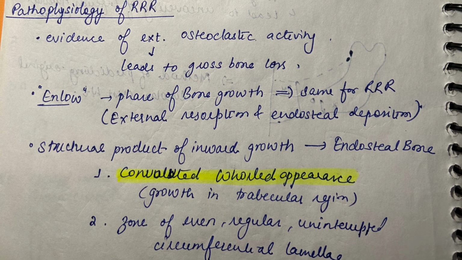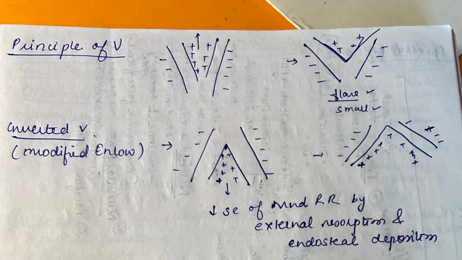This is the pathophysiology of residual ridge resorption, and we need to write two important points, that is, it has a convoluted walled appearance and it shows a zone of even regular circumferential lamellae. So, according to the Enlow principle, you can see external resorption and internal deposition, which is depicted by a plus sign.